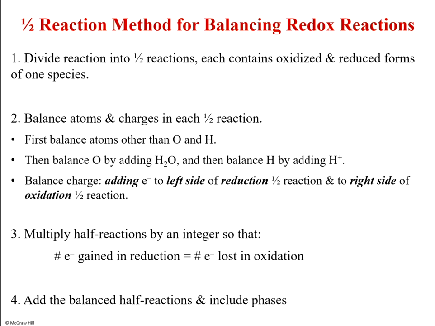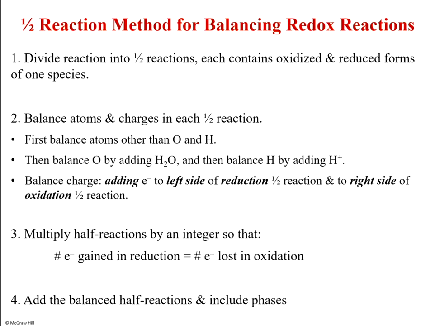So this is a refresher on what you covered in General Chemistry 1, but we'll go through this and look at one example. First, when we want to do a half reaction balancing, we divide the reaction into half reactions. Each contains oxidized and reduced forms of one particular chemical species. So we'll have an oxidation half reaction and a reduction half reaction.